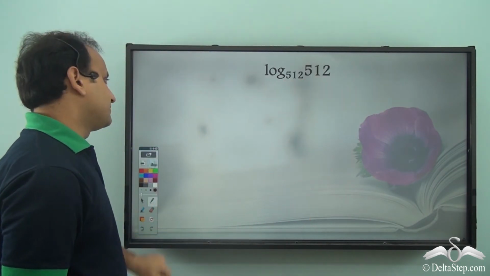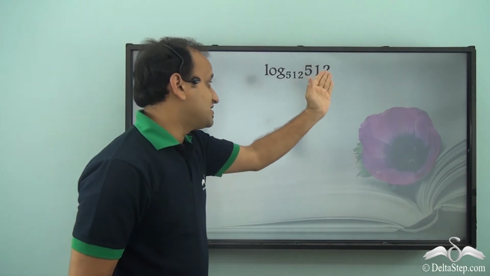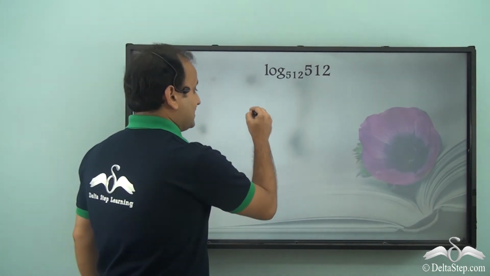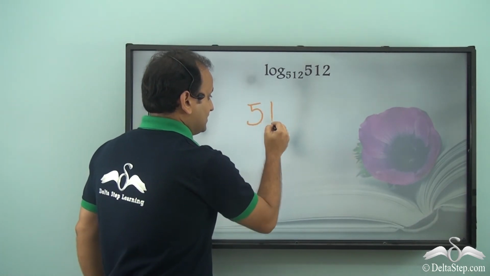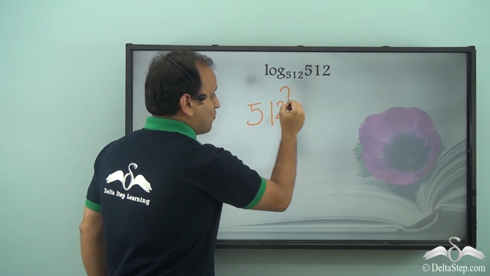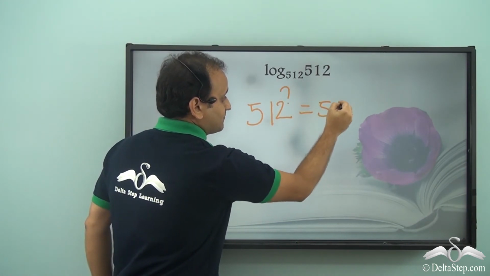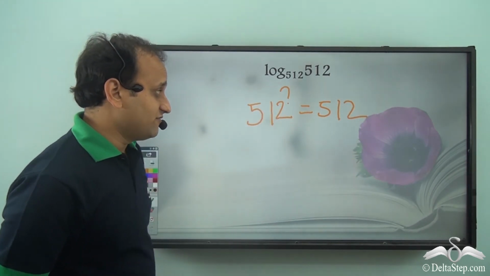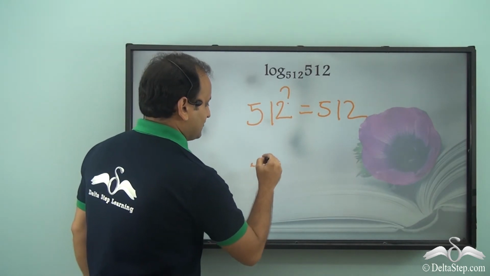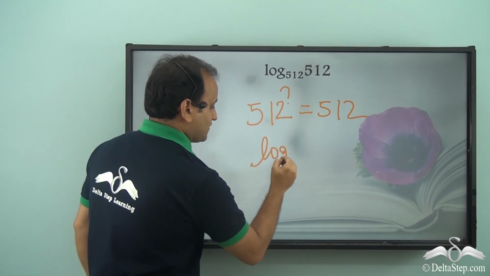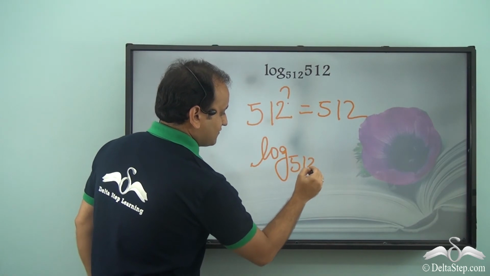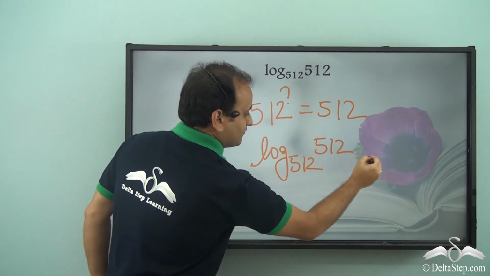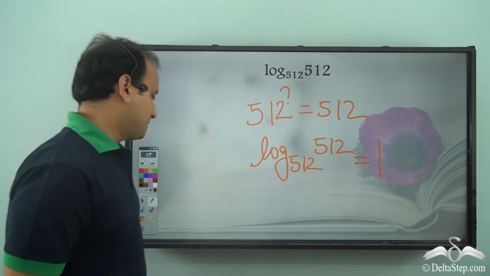Now what is the next question? The next question is log of 512 to the base 512. Again, we just apply what we have learned, that is 512 to the power of what is 512. Now you see, anything raised to the power of 1 is the number itself. So we can write log of 512 to the base 512 will be nothing but 1 again.